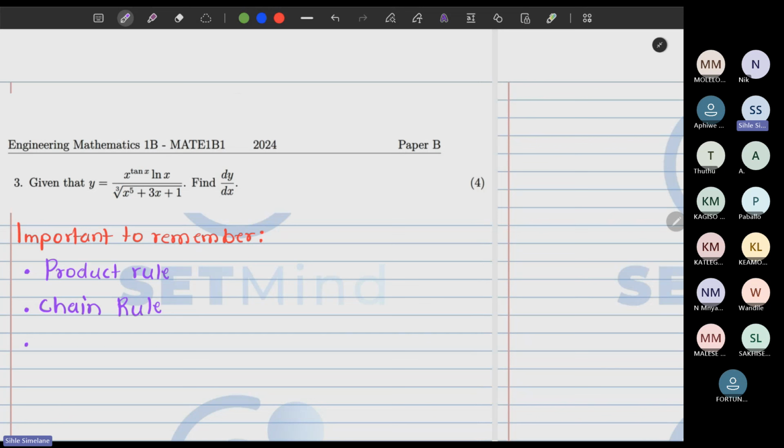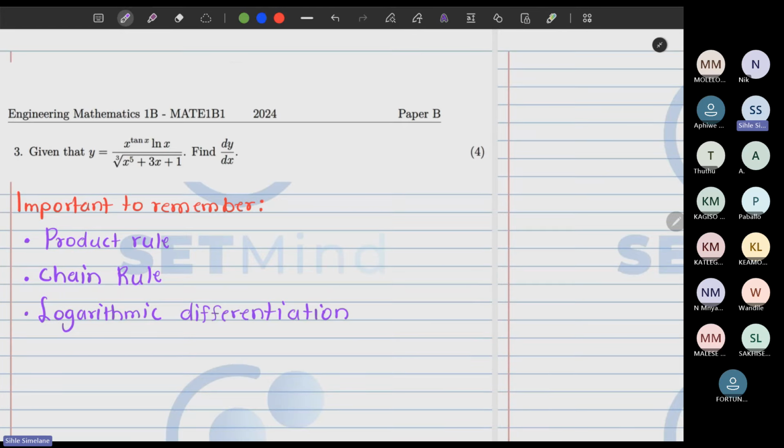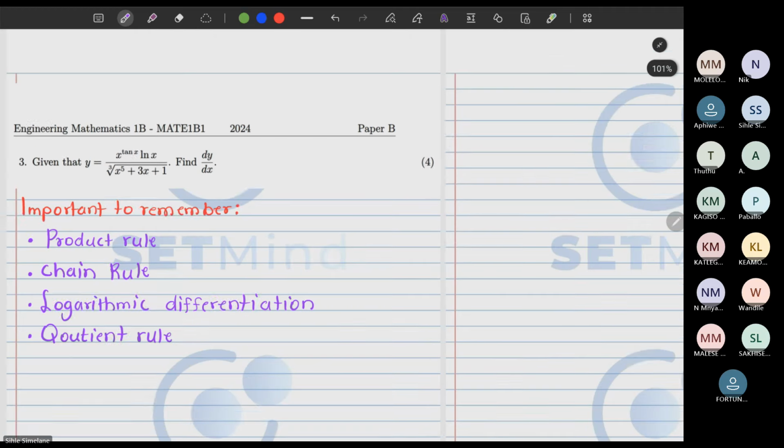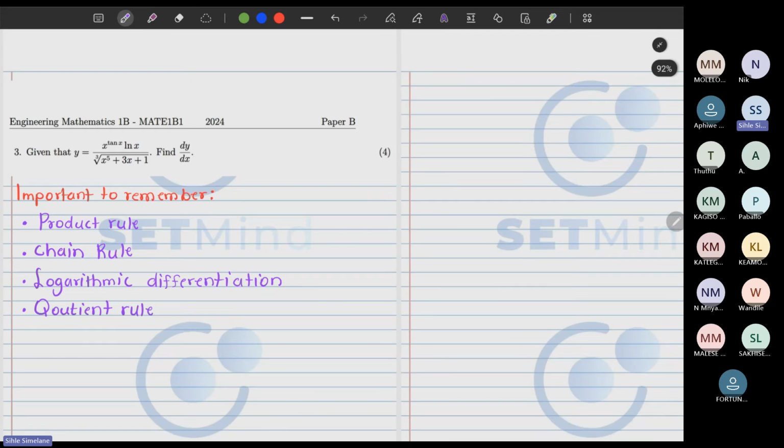Thirdly, what they require us to remember is logarithmic differentiation. And number 4, what they might require us to remember, maybe not, but let's put our quotient rule. This quotient seems wrong, but I'll leave it. Yeah, this is about what we might need to get this problem done, guys.